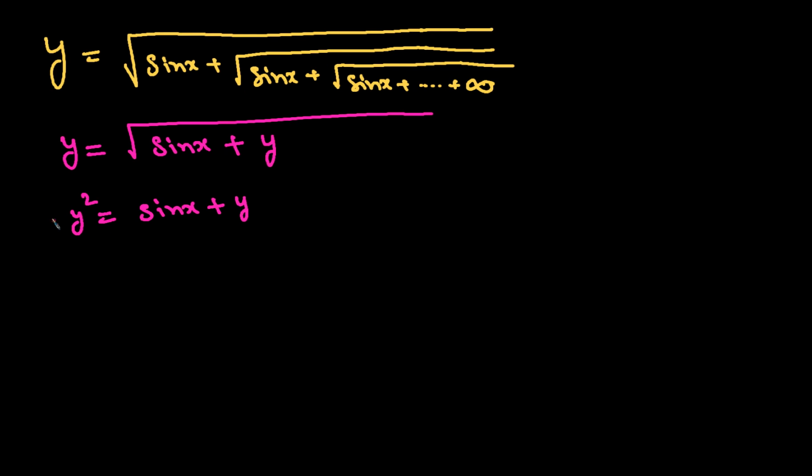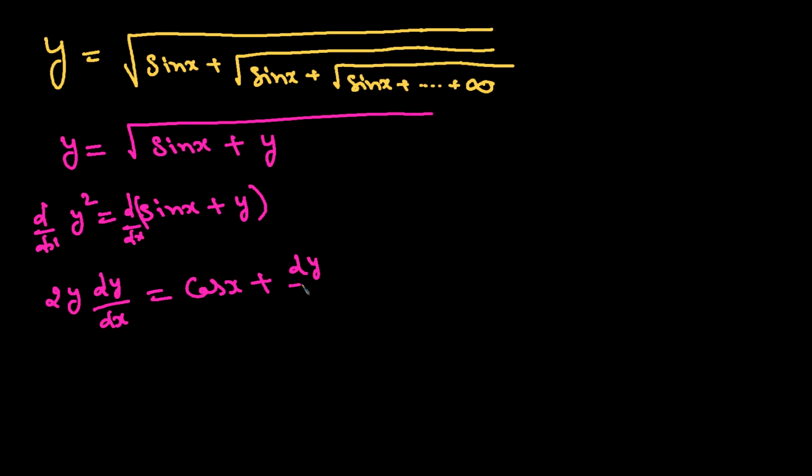So when you take the derivative, let me write it down, d over dx of this and d over dx of this function over here. The derivative of y square is, and I think you all know, 2y into dy over dx. It's basically the chain rule, is equal to the derivative of sine x, which is cosine x, plus dy over dx.